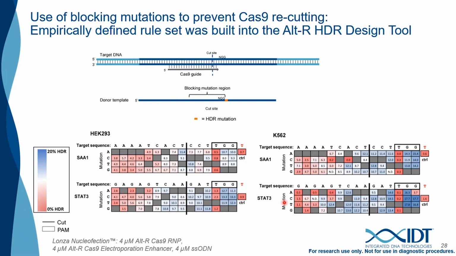And we use this data to inform the selection of blocking mutations for our Alt-R HDR design tool. And generally, you can see within each position, there's not a huge preference for the particular base, but you can see that generally mutating the GG of the PAM or mutating right around the cut site offers the best improvement to the HDR rates in these cases.